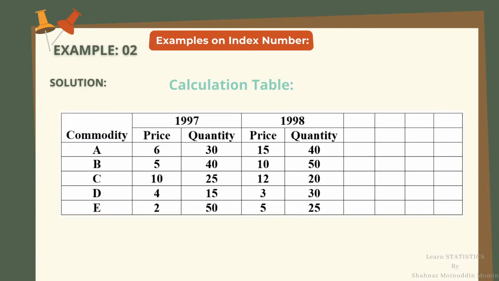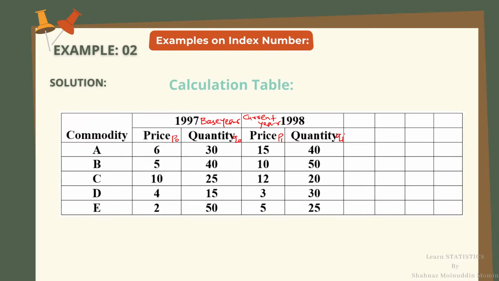I have written all the given data in the vertical columns. Here this is the base year and this is the current year. So this price is P0, this quantity is Q0, this is P1, this is Q1.